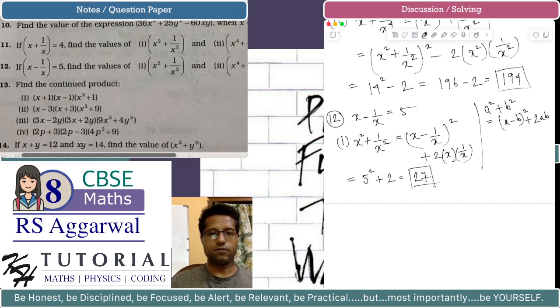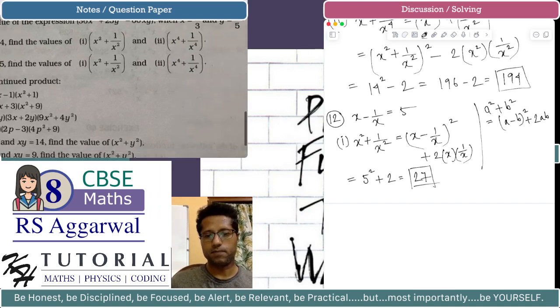And also we have to find the value of part 2. We have to find the value of x to the power 4 plus 1 by x to the power 4, which is equal to x square squared plus 1 by x square squared.